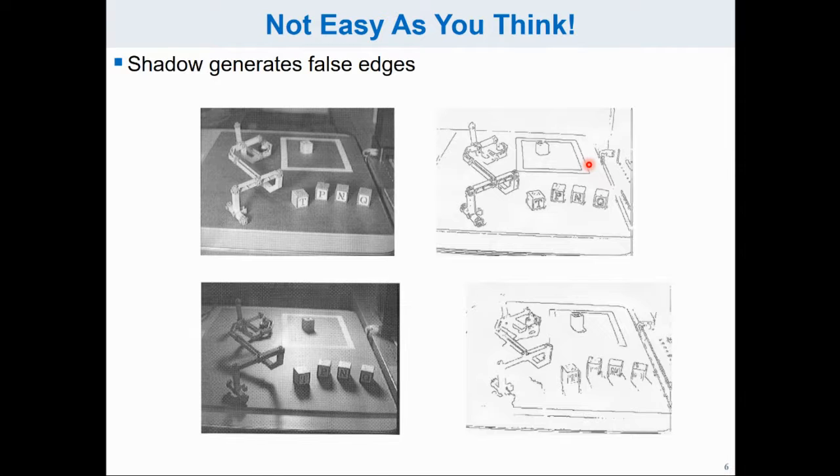So this is not as easy as it looks. Moreover, it's not only missing edges, you will see false edges start to appear, such as this edge over here that represents this shadow, and edges over here.